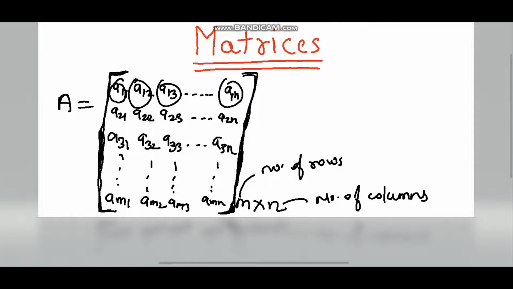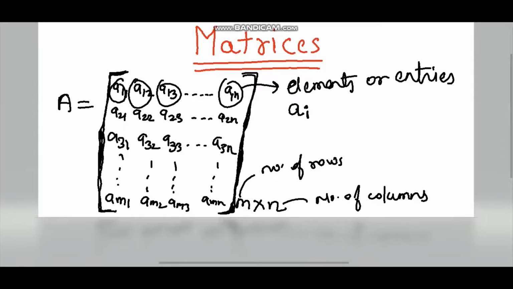These are called elements or entries, and they are denoted by small letters like a, b, c, and their position is denoted as aij.